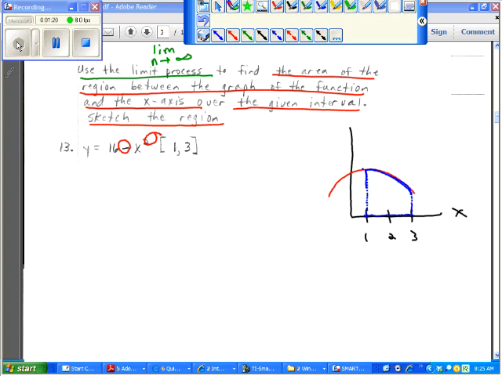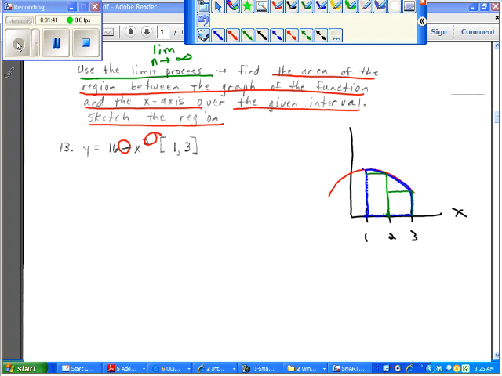Now, when we think about that, what we did earlier in calculus at the very first of the year is we said, well, if we would subdivide this into rectangles, then we would be able to add those rectangles' areas, and that would estimate the area under that curve.